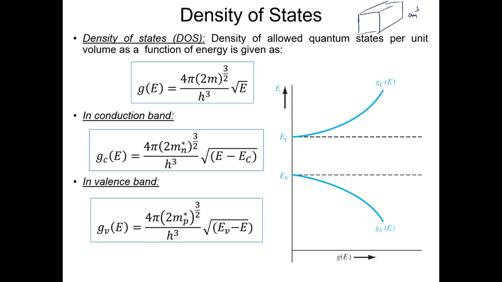Now in this given volume, how many total quantum states are present, and how are these quantum states distributed across energy levels, right?